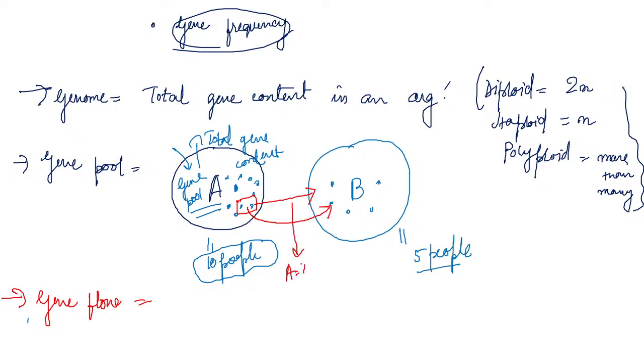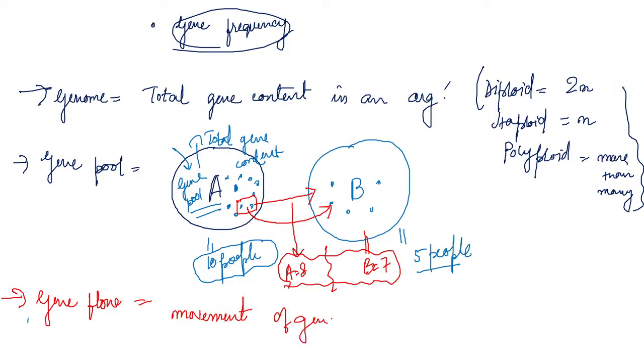In gene pool A there are 8 people, whereas in gene pool B there are 7 people, right? So this is the phenomenon. This is known as when there is migration or the movement of genes.